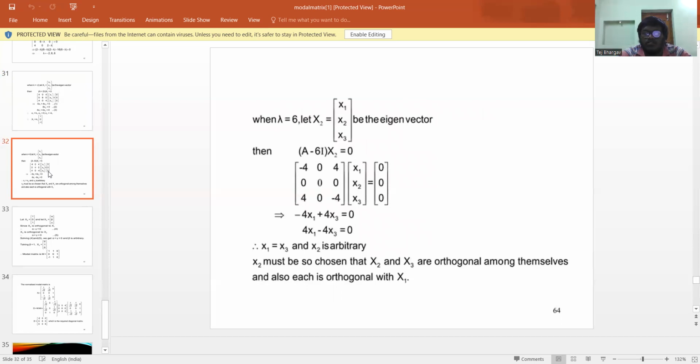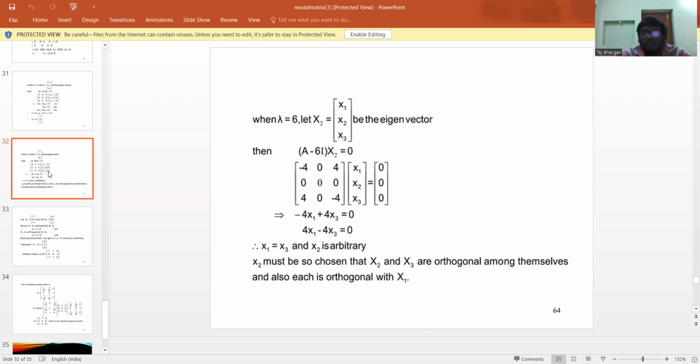When lambda is equal to 6, let X2 is equal to [x1, x2, x3] be the eigenvector. Then (A minus 6I) into X2 is equal to 0, that is [minus 4, 0, 4; 0, 0, 0; 4, 0, minus 4] into [x1, x2, x3] is equal to [0, 0, 0].